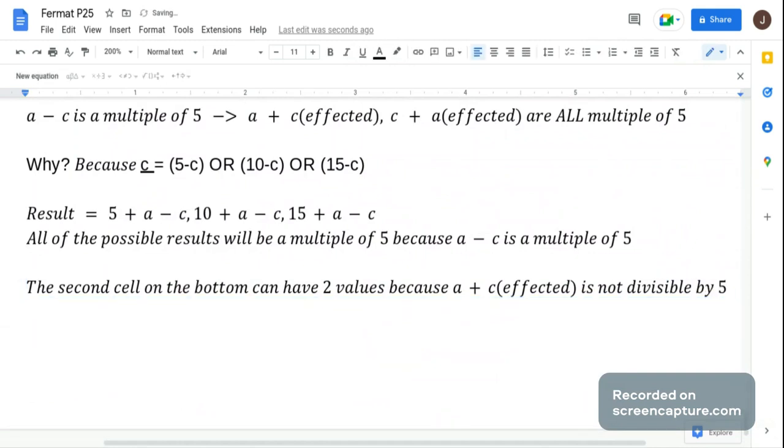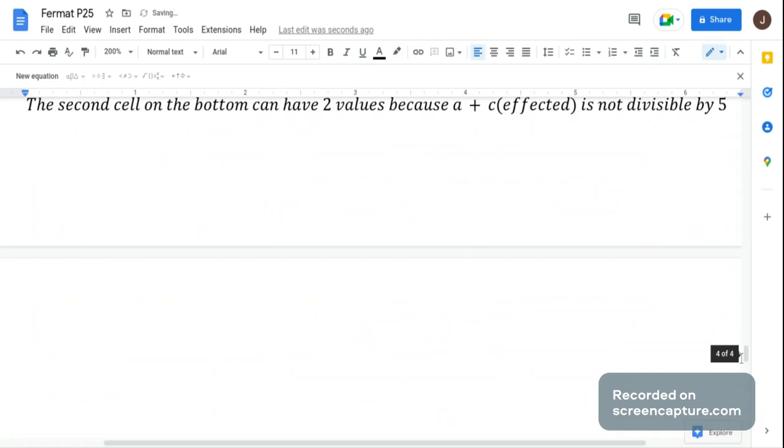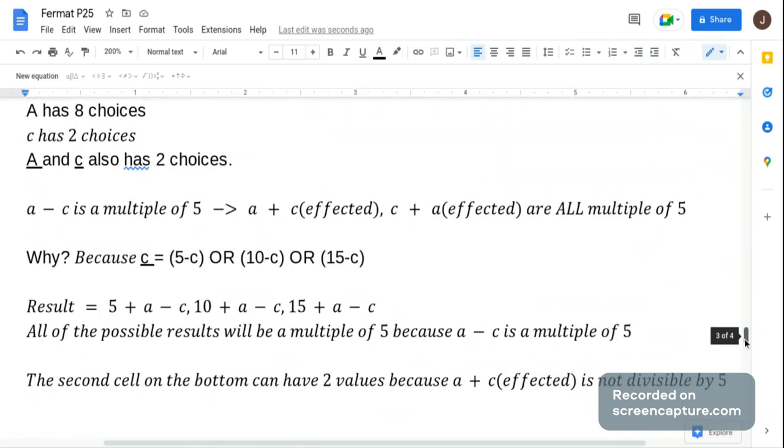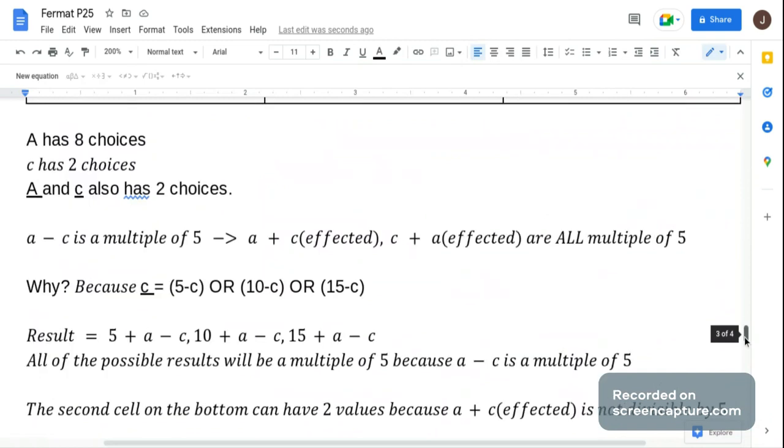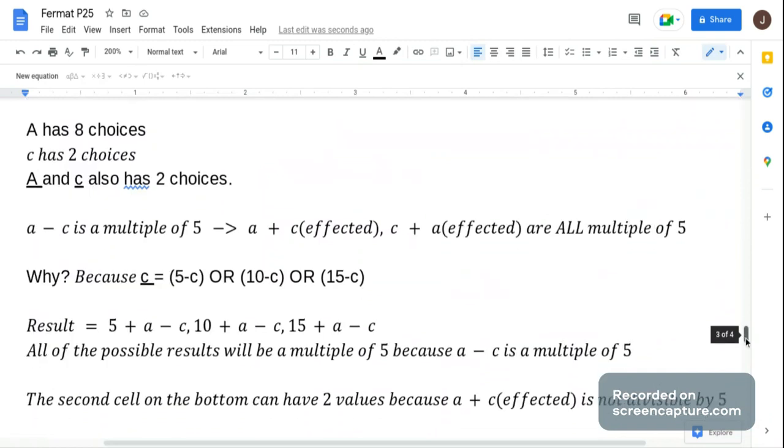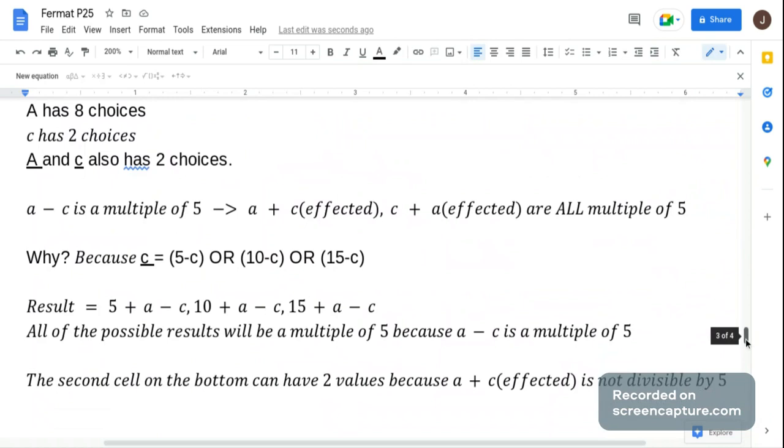So we combine all of those cases, we just can multiply them. We multiply this 8 times, all those different cases. A affected, C affected, and sorry, I think I missed something here.